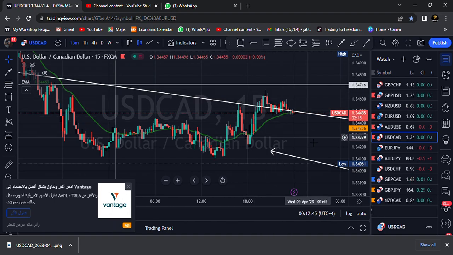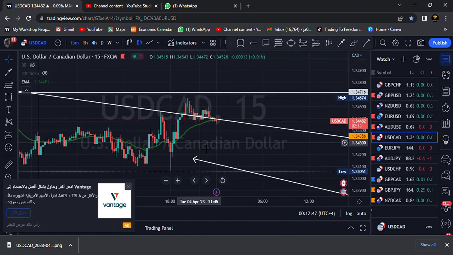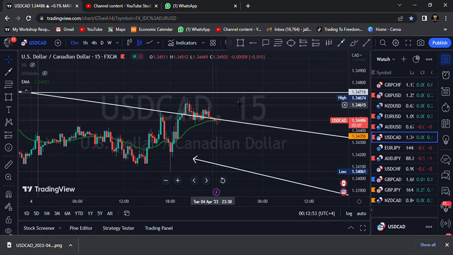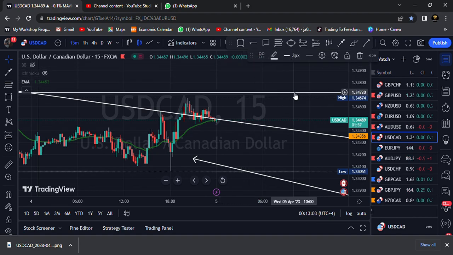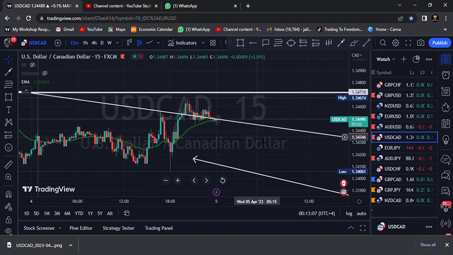The only place you can still buy is if it breaks this resistance here. So that point, this level of resistance, it's been confirmed right down to the 15 minutes time frame from the weekly time frame. So it's a confident one, and it's very important. So we can enlarge it or even make it bigger than that. So that's it for USDCAD.